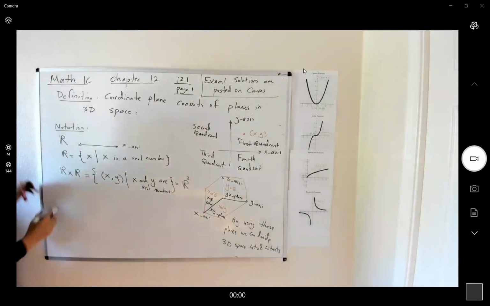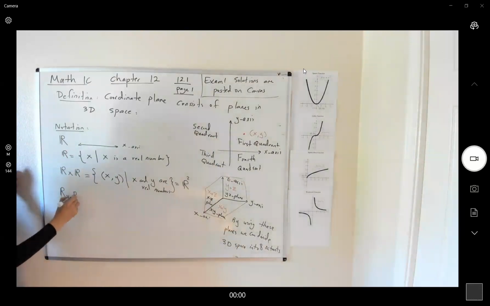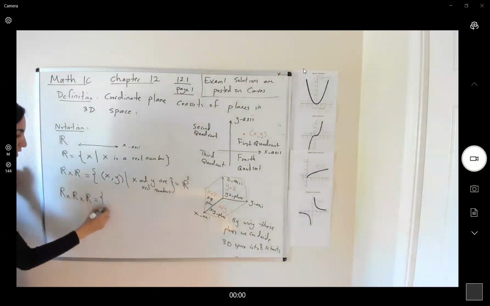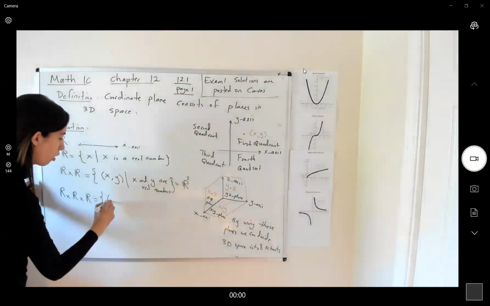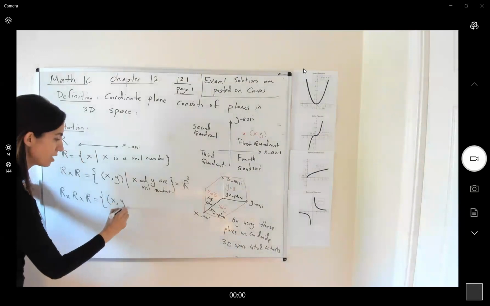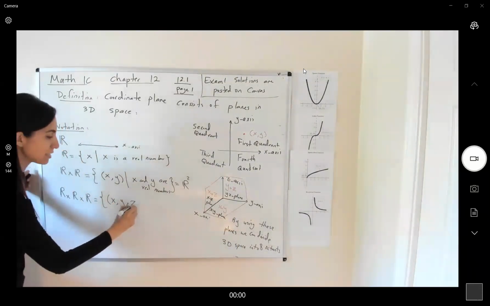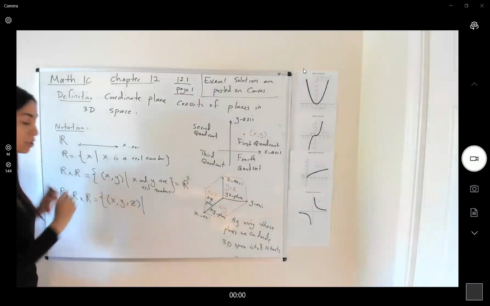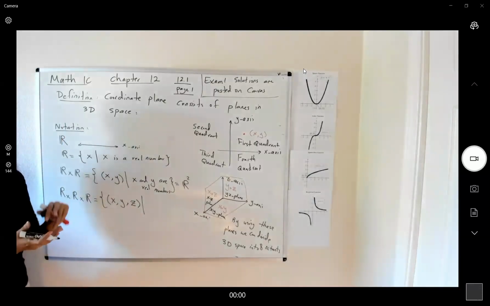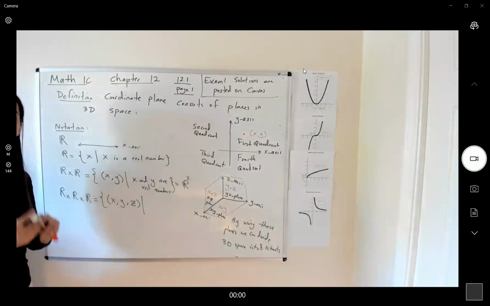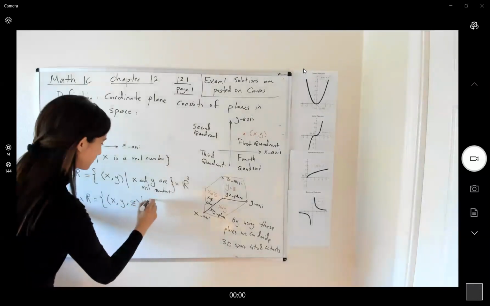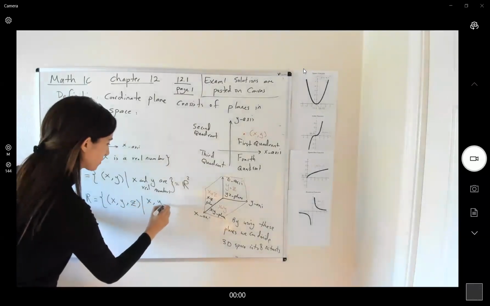In three-dimensional space, we have three coordinates, R times R times R, which is defined as the set of all points which has x, y, and z coordinates such that x, y, and z are all real numbers.